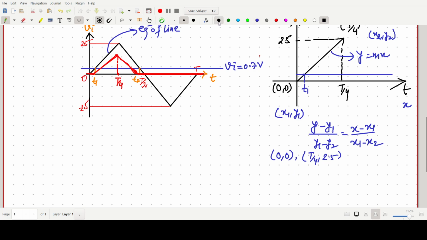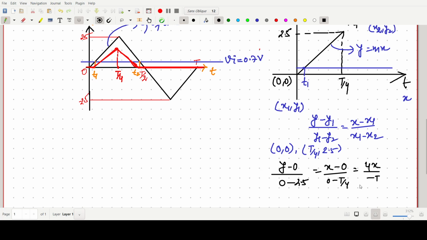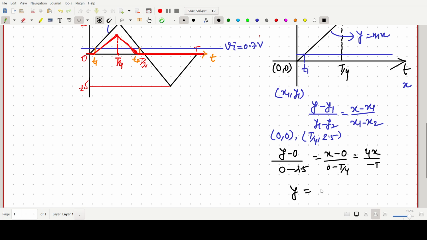So I'm just writing y minus y1, say 0, then 0, y minus y1, 0 minus 2.5. Okay, clear? x minus x1, x1 minus. So one can write 4x by minus t. Okay, or y equals to minus 10x by minus t.